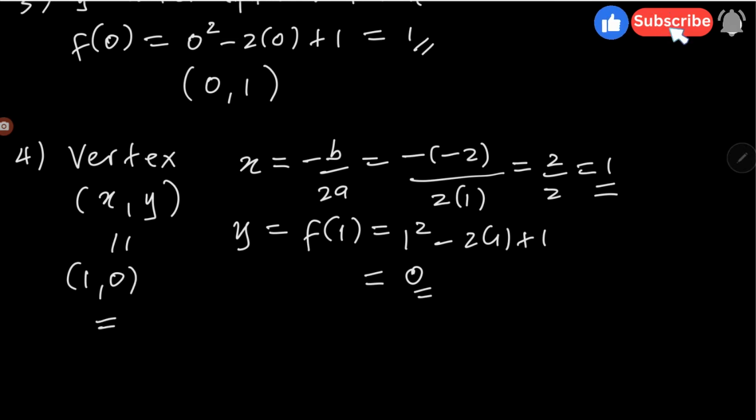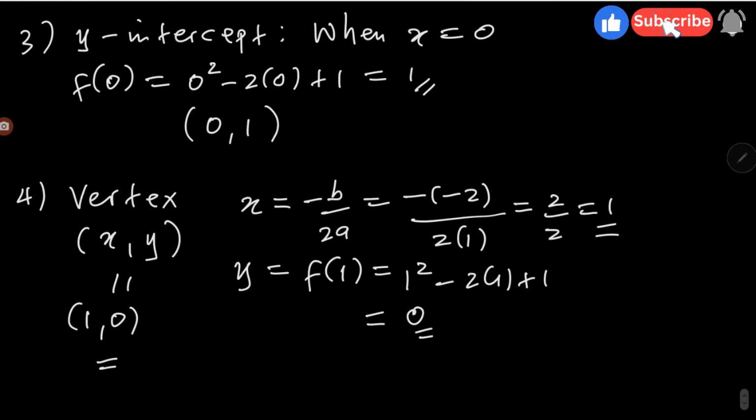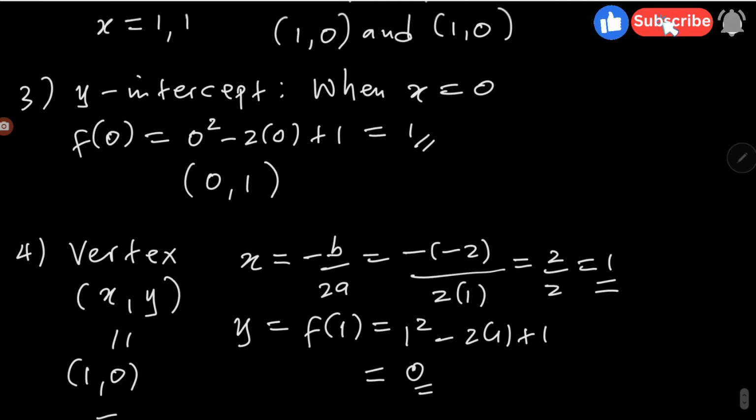So what you realize is that if your x-intercepts are the same, okay, if you're getting the same value for your x-intercepts, that value is the same value as the turning point or the vertex. Okay, that's another property. So we have 1, 0 for our turning point and the x-intercept. And we know our graph is opening upwards.